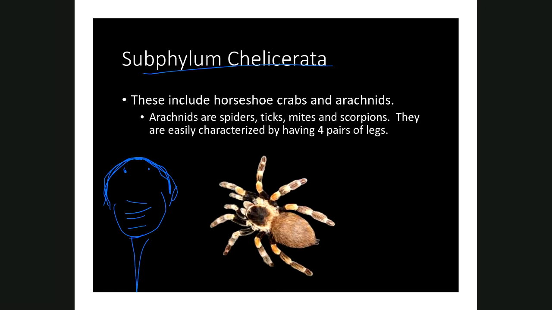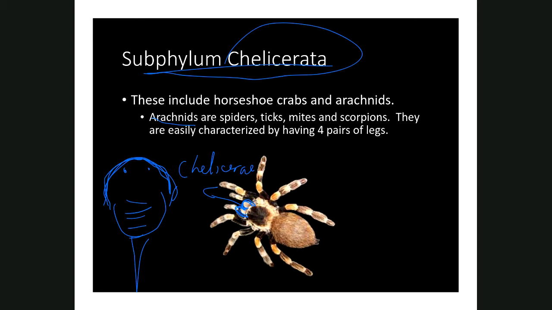Okay. Anyway, they and arachnids, which include spiders, ticks, mites, and scorpions, they all belong to the subphylum Chelicerata. And that's because you see these little structures here. These are the chelicerae.